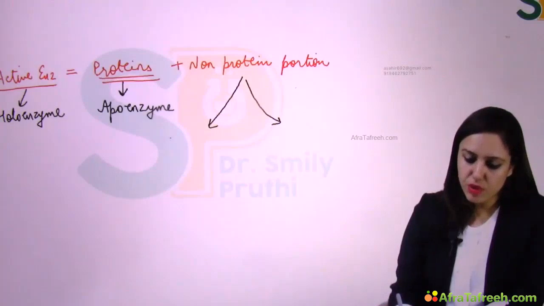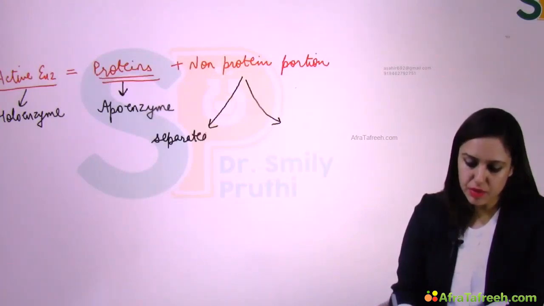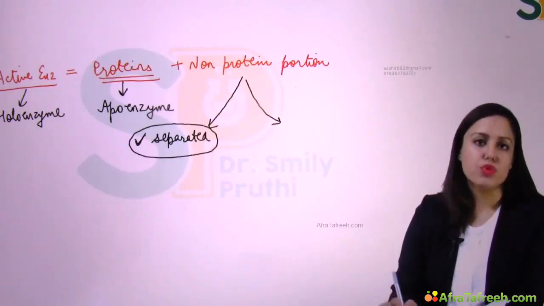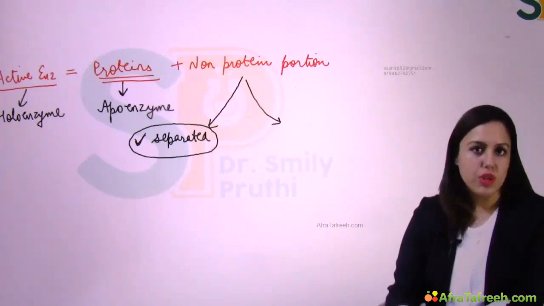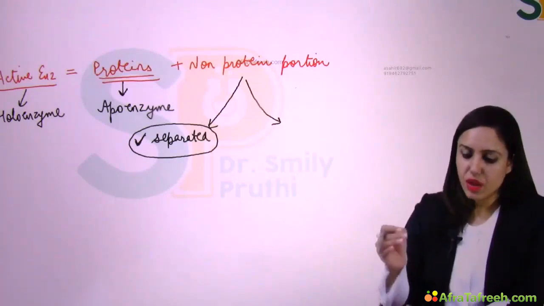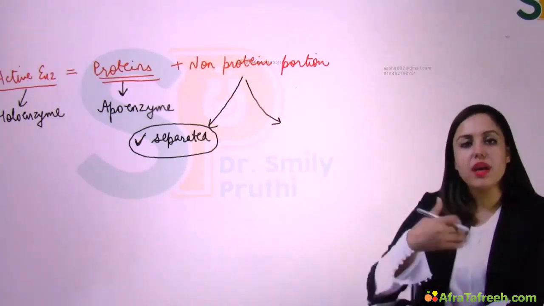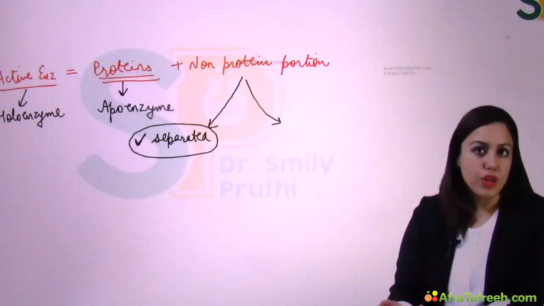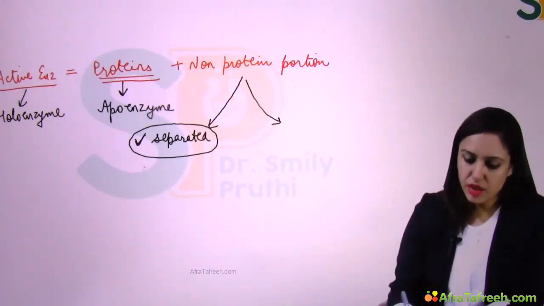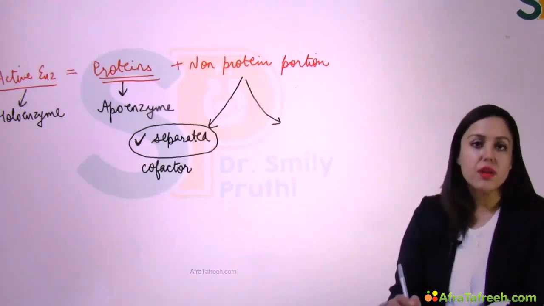If the non-protein portion can be separated from the protein portion, see, they are joined, protein and non-protein are joined. If the non-protein can be separated from the protein portion, then it is called cofactor, right?